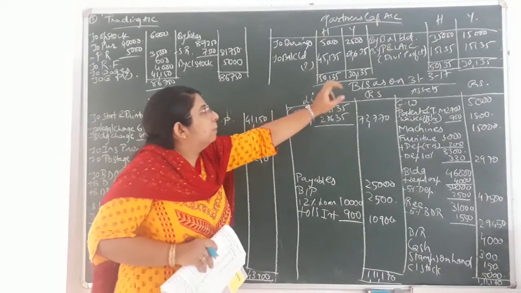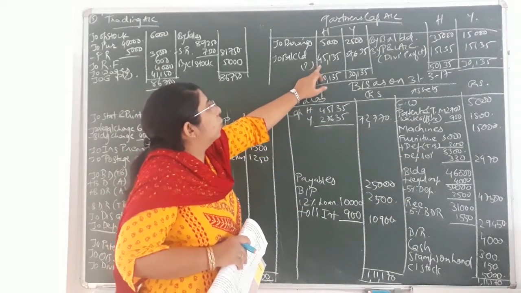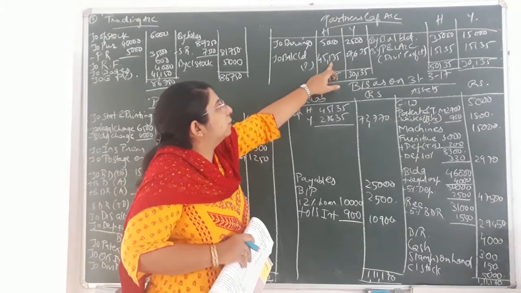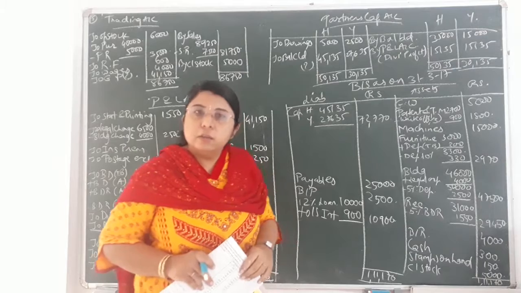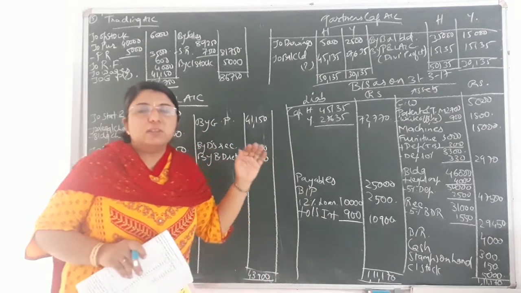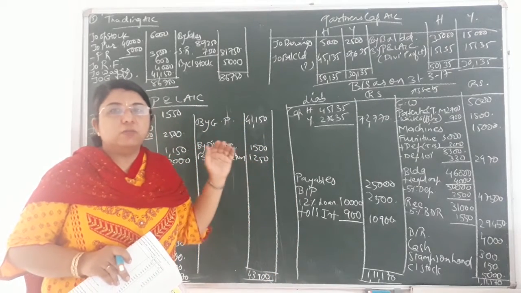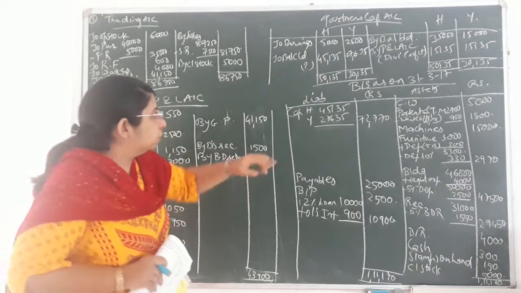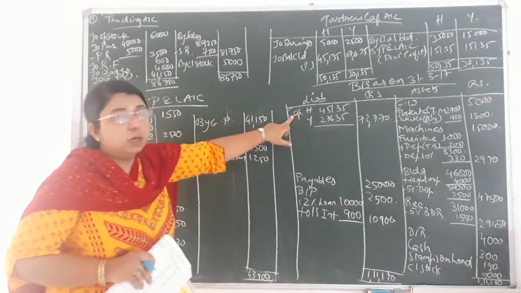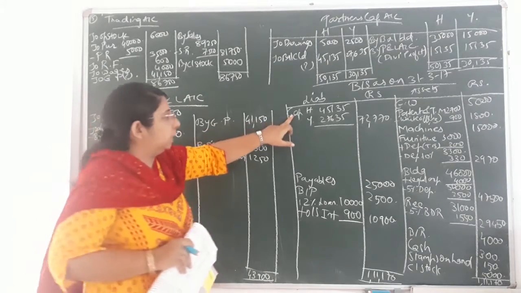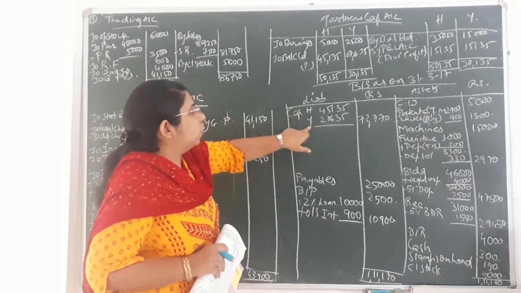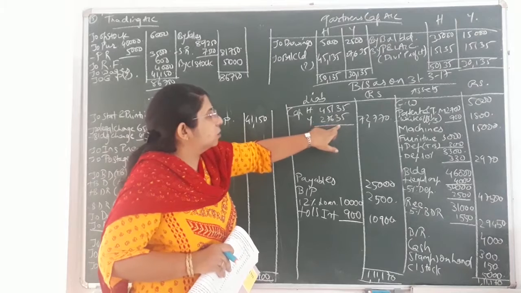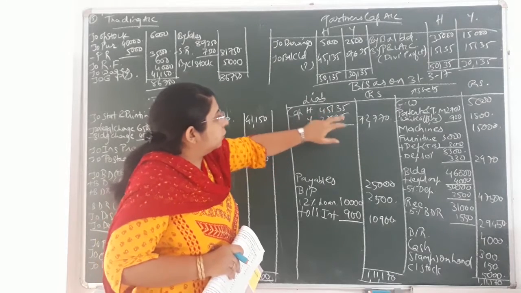Putting that total on the debit side, the difference for Harsh is 45,135, and for Yesha it is 27,635. Whatever the closing balance, that would be the closing balance of the concerned partner's capital. So that will be written on the liability side of the balance sheet. For Harsh it is 45,135, and for Yesha it came to 27,635.